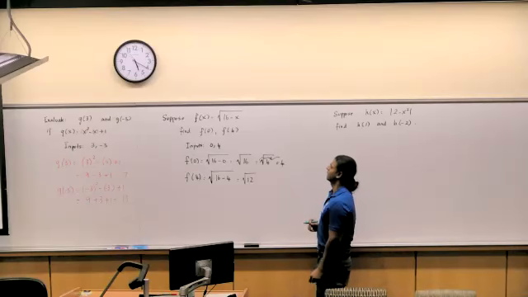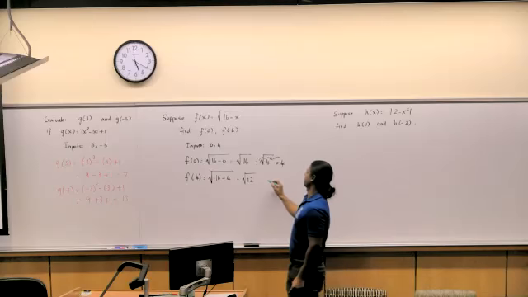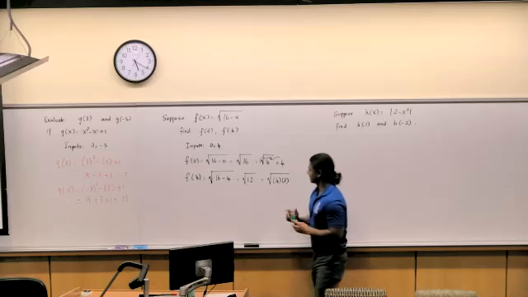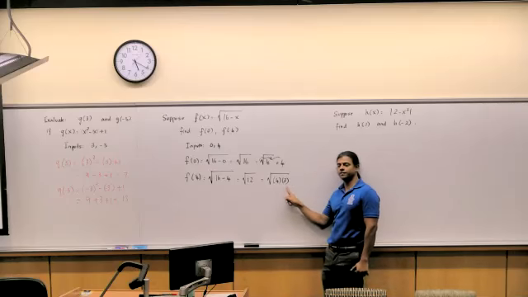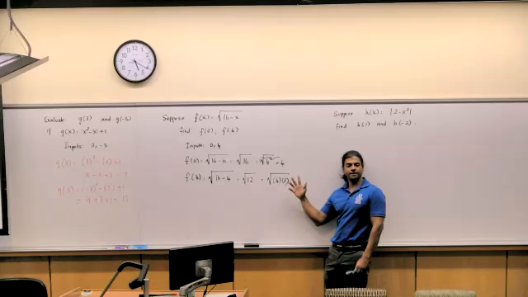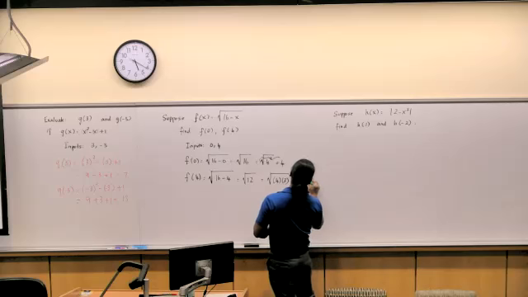Good. You can leave it as this, or you can simplify further. Four times 3 is 12. What happens if 4 comes out of the root? It becomes 2.